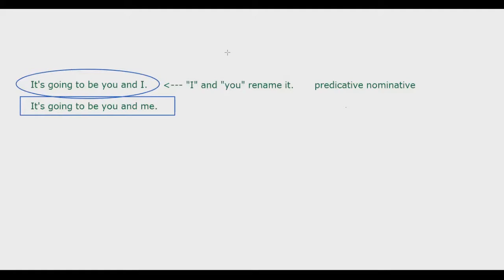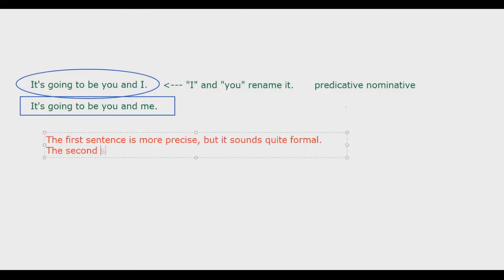So to summarize this, the first sentence is more precise, but it sounds quite formal. Whereas the second one is less precise, or I should say less technical. Let me use technical for this.